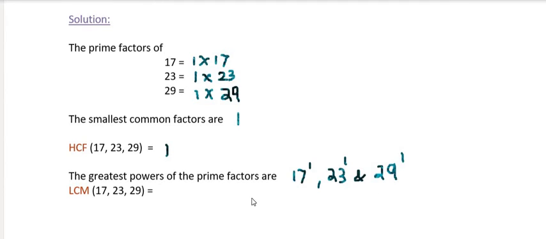So we have to just multiply all these numbers to find out the LCM. So we multiply 17 into 23 into 29, which gives 11339.